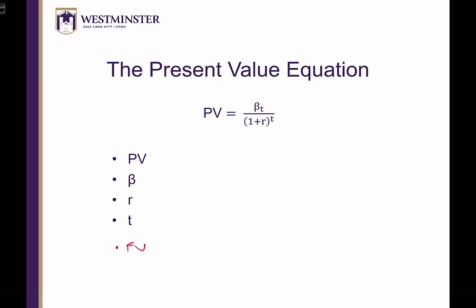So the basic time value of money equation, if we're thinking about one monetary exchange, an amount of money today compared to an amount of money in the future at a single point in time, is present value is equal to beta t, or just some cash flow, divided by 1 plus r to the t. Well, let's look at this for a moment. In this case, I use t as an exponent in the denominator, for the number of periods of time that I'm dealing with. And we'll think about this at the moment as though these periods are measured in years.